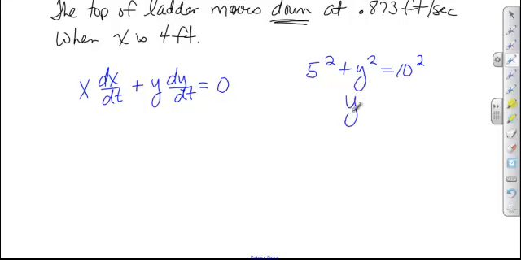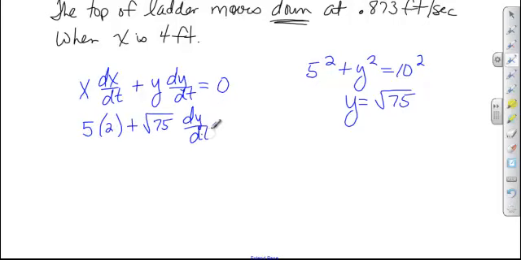So 5 times 2 plus square root of 75 times dy over dt equals 0. Solving for dy over dt then will be negative 10 divided by the square root of 75, which converted to a decimal would be negative 1.155 feet per second.